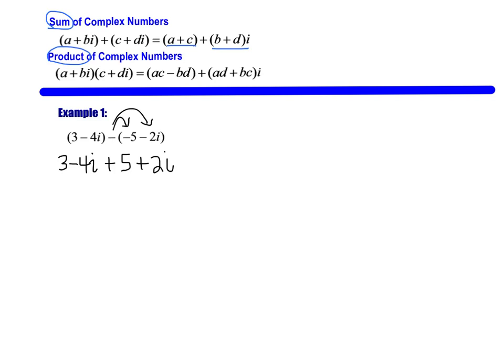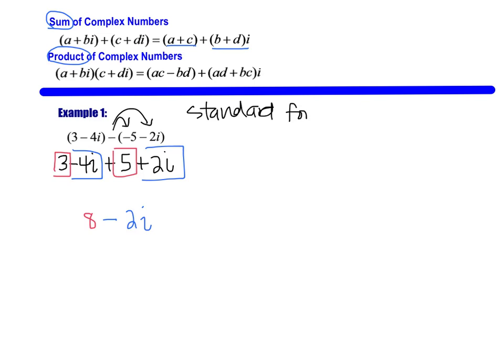Now I can add the real part with the real part and get 8. And I can add the imaginary part with the imaginary part and get -2i. And that order matters because we're going to be writing all of these answers in standard form. So you're going to have 8 minus 2i in standard form as your final answer.